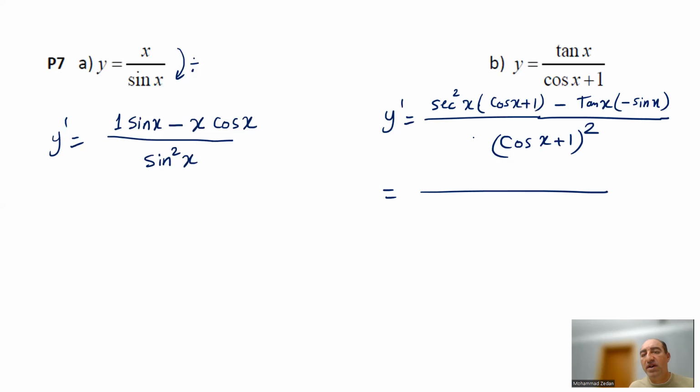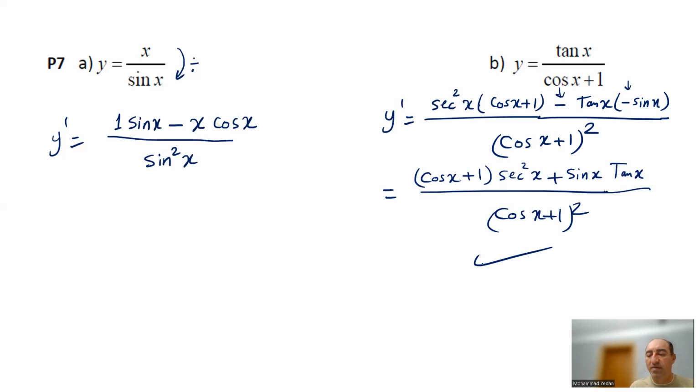I can write it in this form: cosine x plus 1 multiplied by secant squared x, minus and minus here is positive, tan x sine x, divided by cosine x plus 1 all squared. Thank you. You can leave it in this form, no problem.